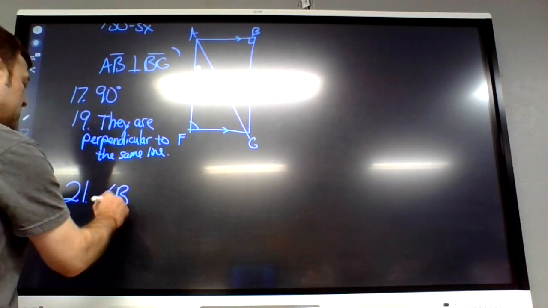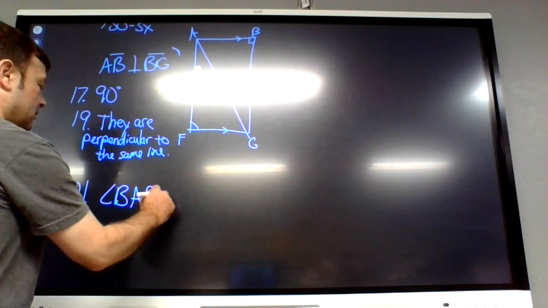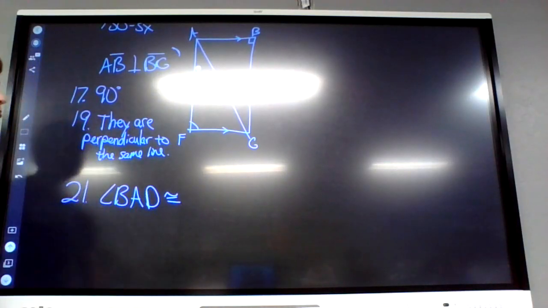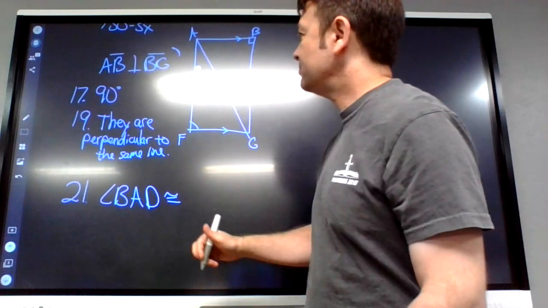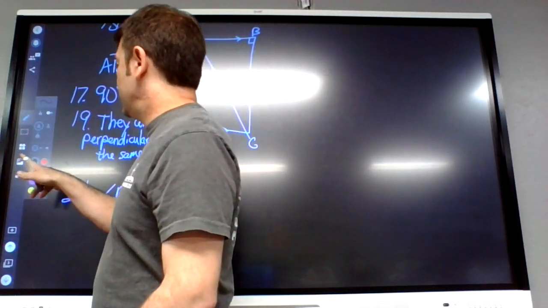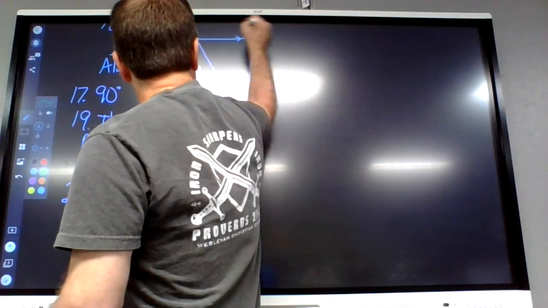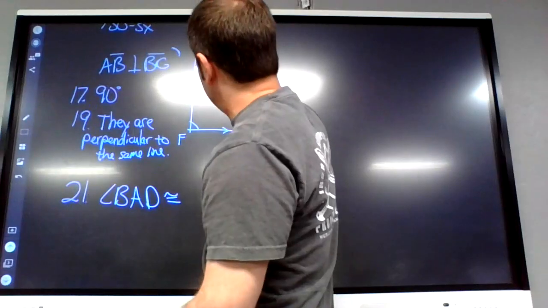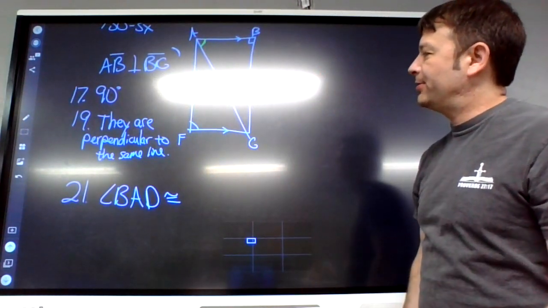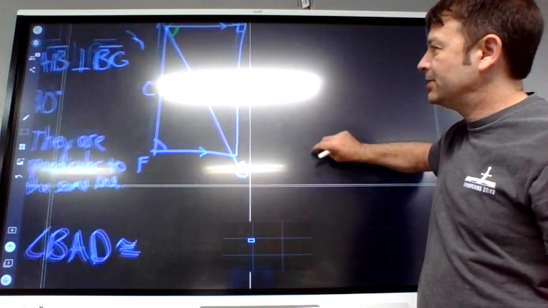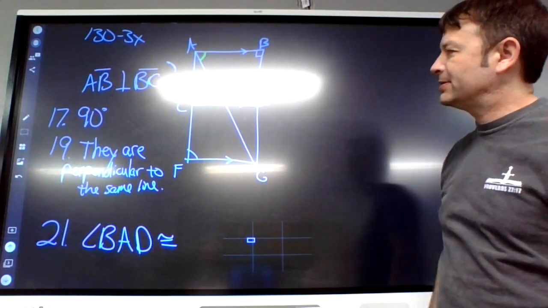Angle BAD is congruent to... Okay, where is angle BAD at? Let's go green for a contrasting color. Angle BAD is right there. Okay, what is another angle that has to be the same as that?